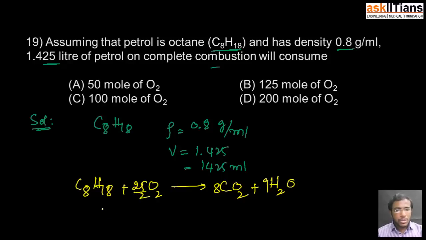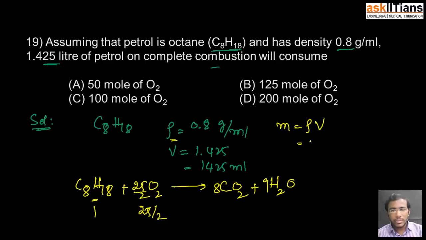So 1 mole will require 25 by 2 moles. And you can calculate the moles of C8H18 from the density. We know that mass is equal to density into volume, right?